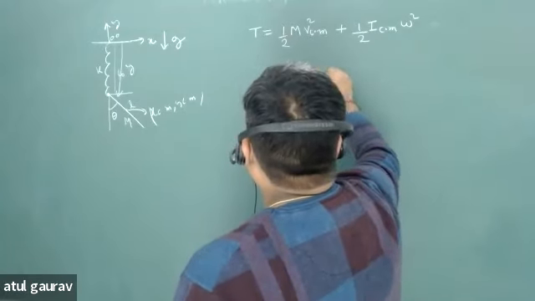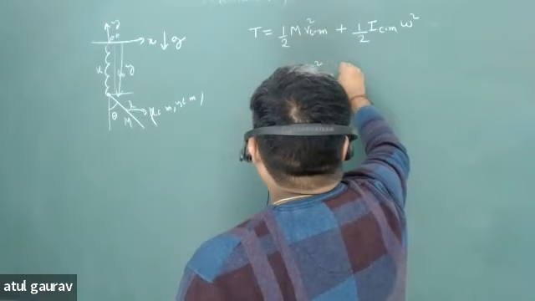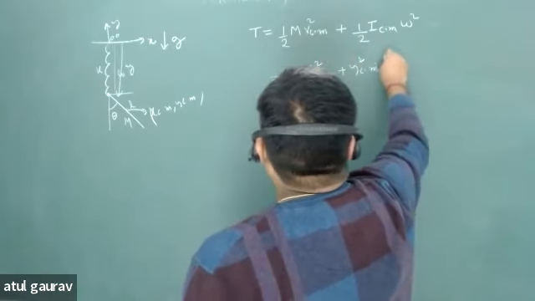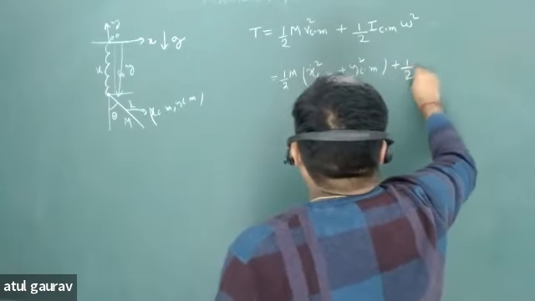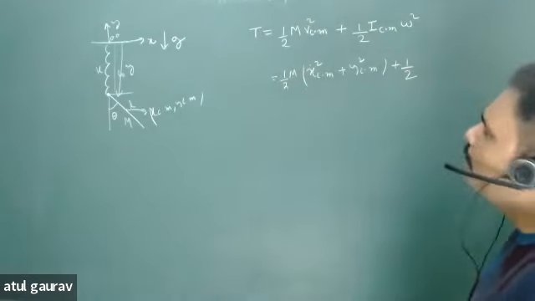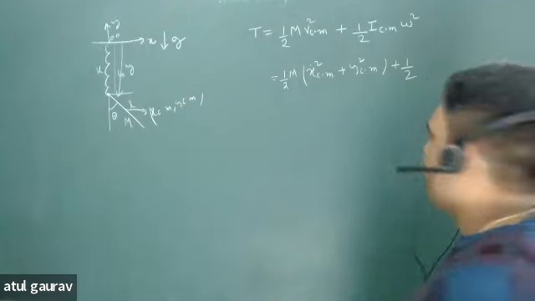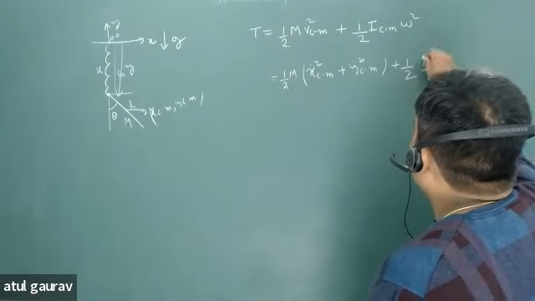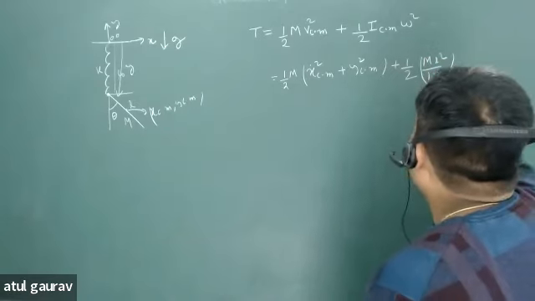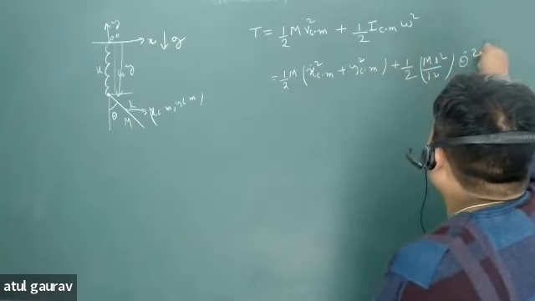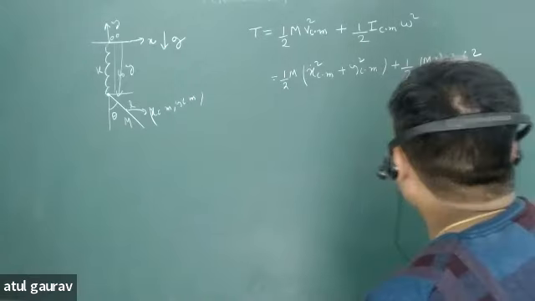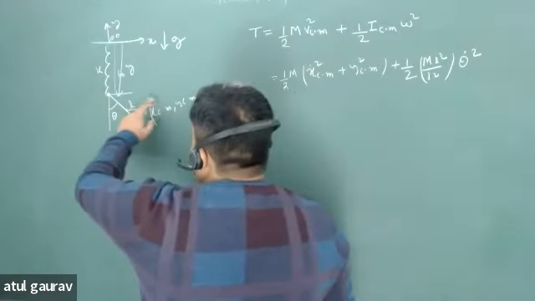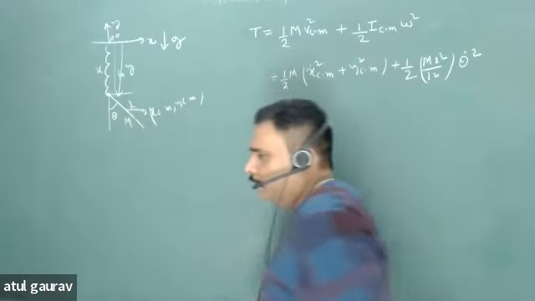That is xcm dot square plus ycm dot square. Plus what is your ICM? ICM क्या होगा आपका? ml square by 12. And what is your omega? It is nothing but theta dot square. Yes? Every point of this particular rod is moving with the same angular velocity.